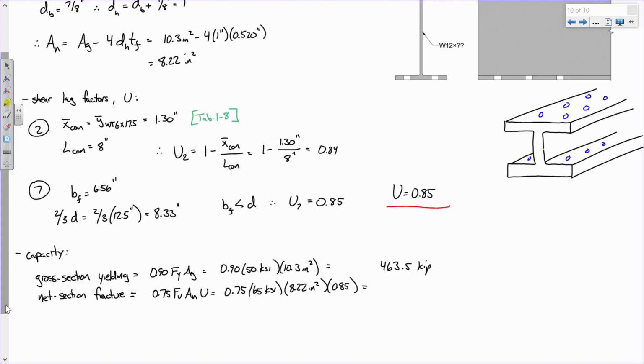And the second one? 340.6 kips. All right. Which one of these governs? The bottom one. So you're telling me phi P_n is 340.6 kips.